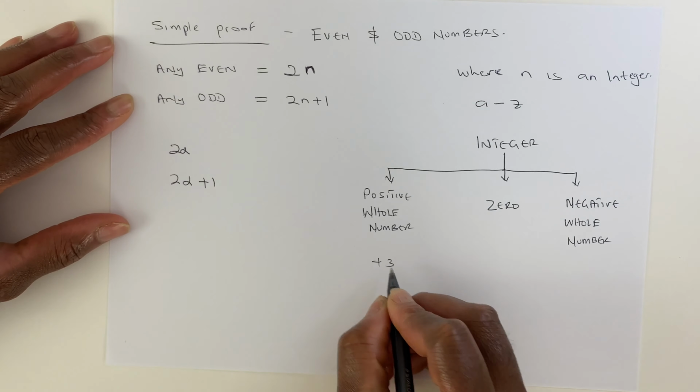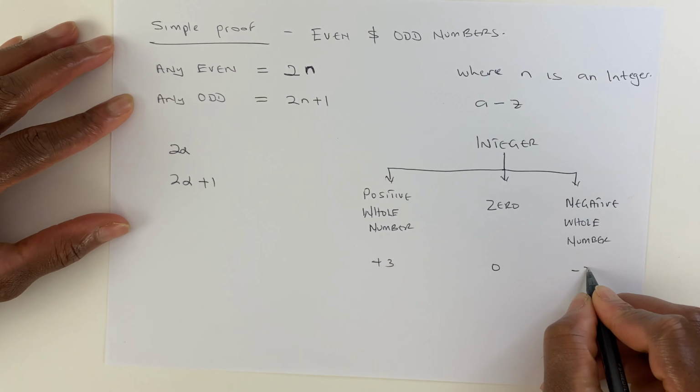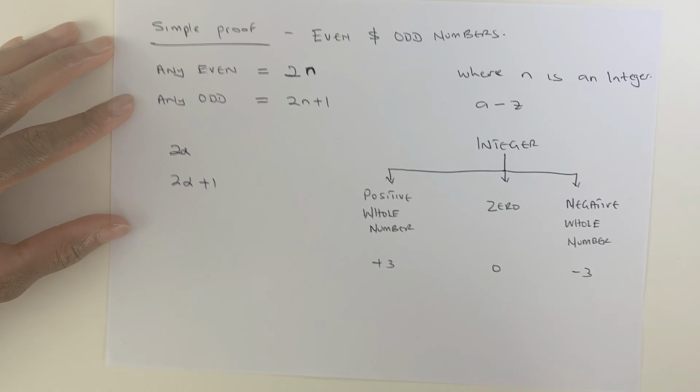So plus 3, 0 and minus 3 will be integers.